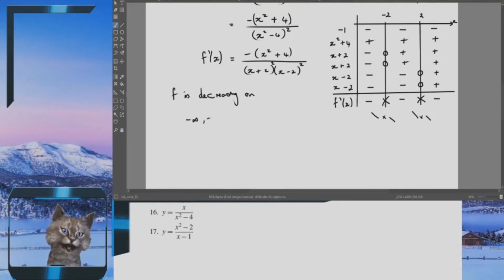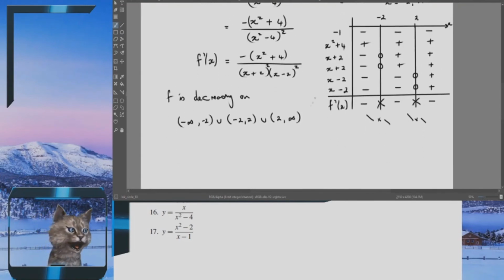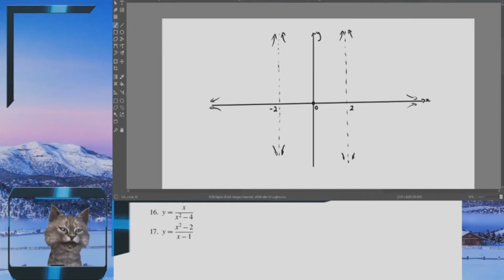I have to say negative infinity to negative 2, as well as negative 2 to 2, as well as 2 to infinity. I have to split them up like that. It does, however, give me my information. I have no critical points, which makes sense on the graph. I'm jumping over these asymptotes. Now have a look at these arrows.